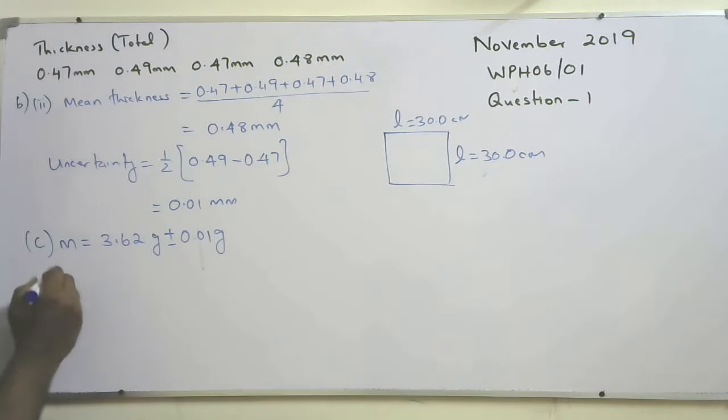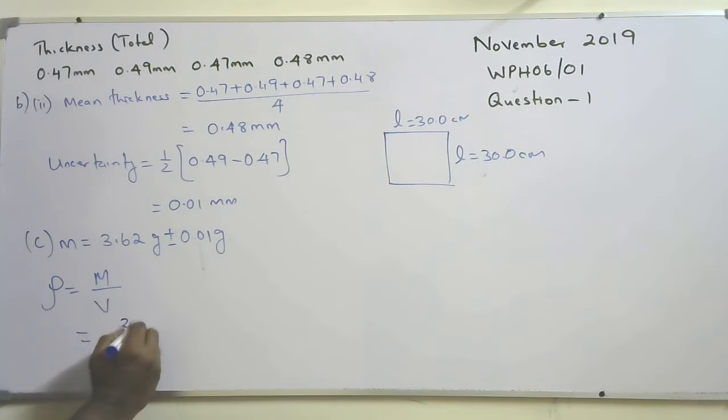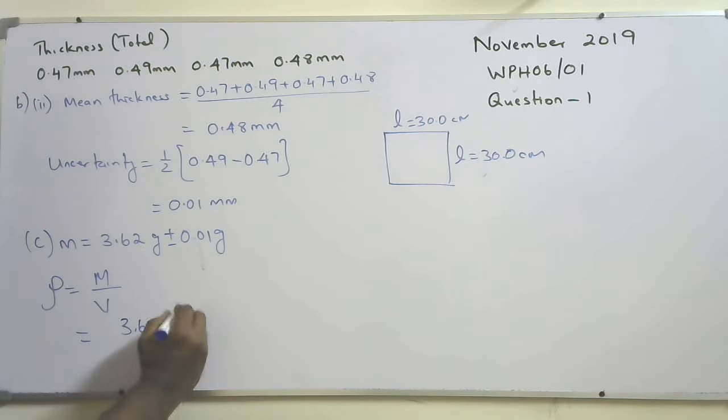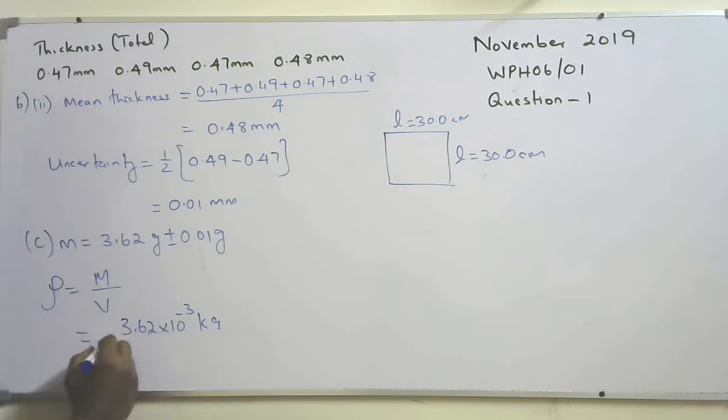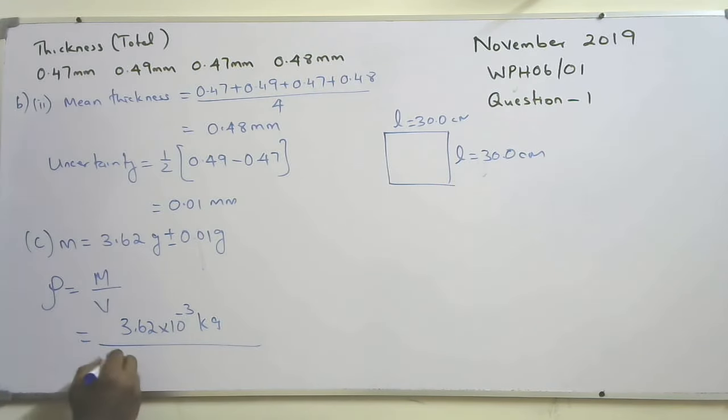So I can find the density is equal to mass over volume. So mass, I need to convert this to kilograms. So 3.62, 10 to the power minus 3 kilogram divided by volume. So length 30 centimeter means 0.3 times 0.30, that is a meter, into the thickness. So I got the area.